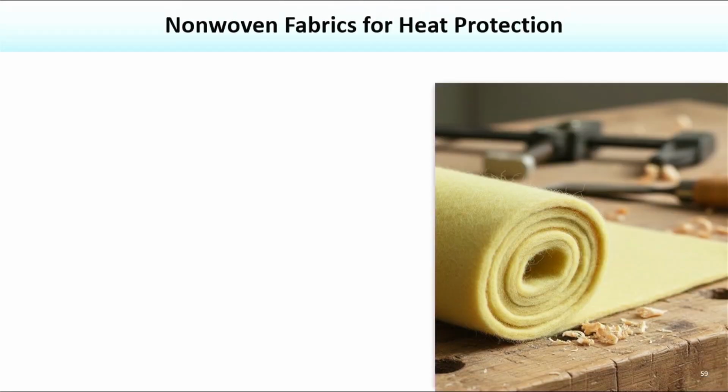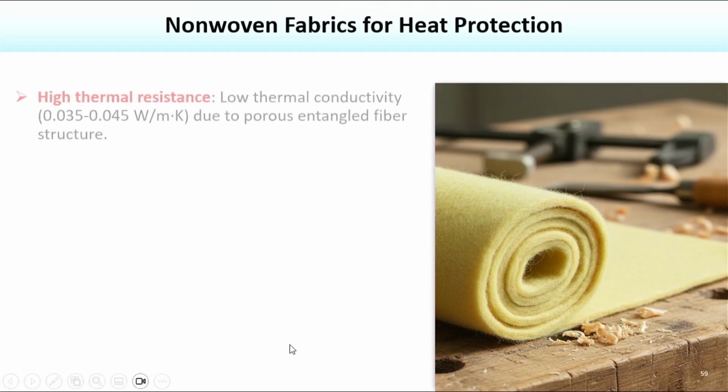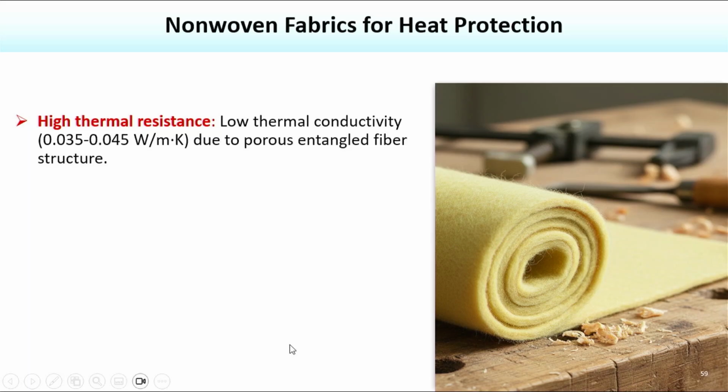As far as nonwoven is concerned, for heat protection application, it is basically used in the inner layer. It has high thermal resistance and low thermal conductivity due to porous structures and entrapped air.